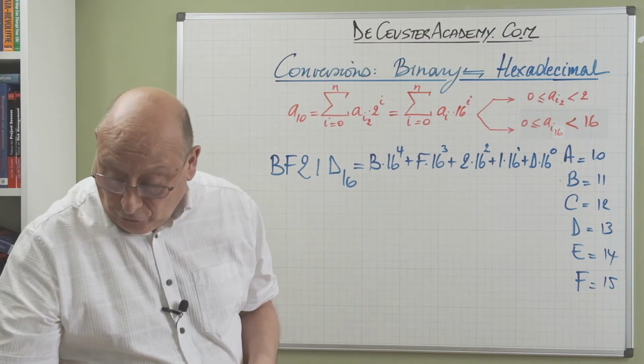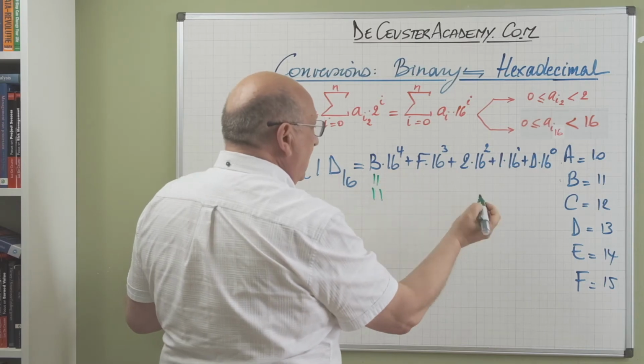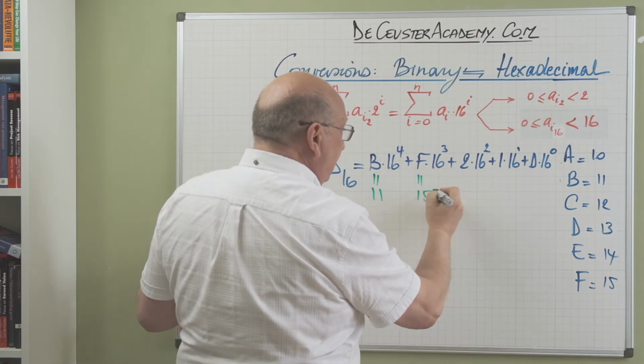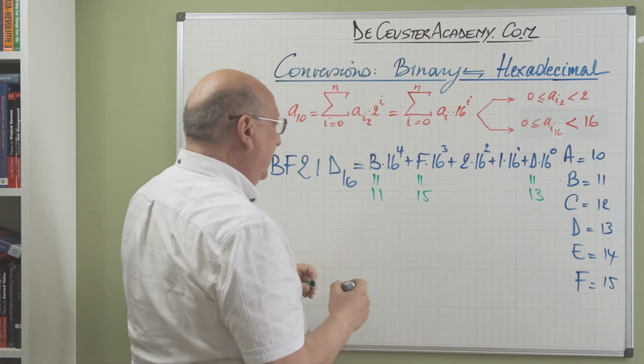Now don't forget, B is 11, F is 15, and D is equal to 13.